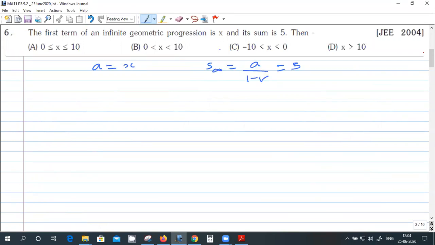He is saying sum of infinite geometric progression is 5. So what does it say about R? That means R is less than 1. Let it be positive only.